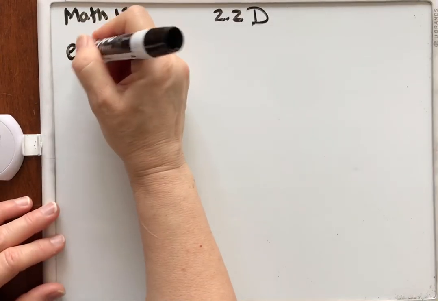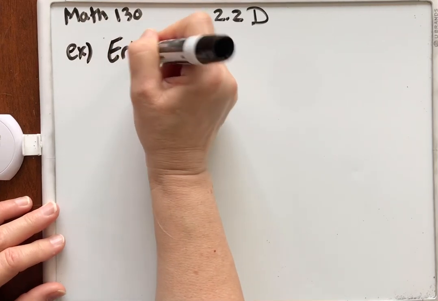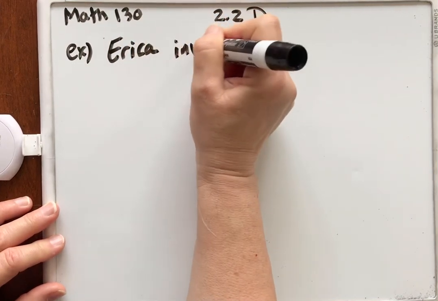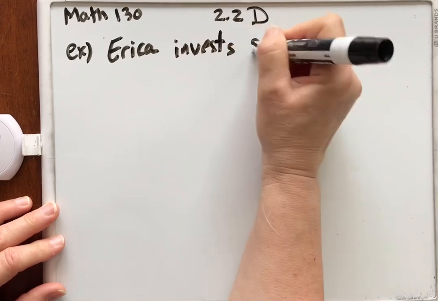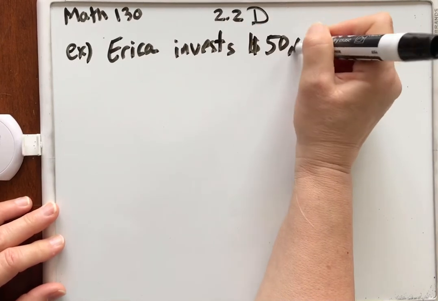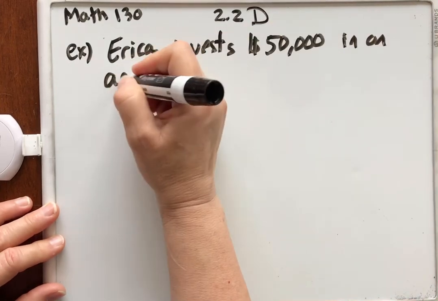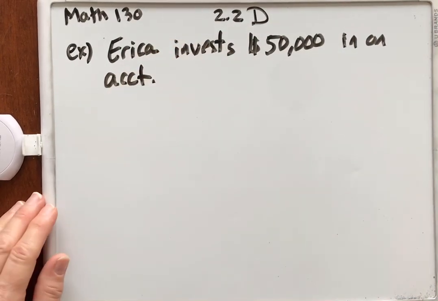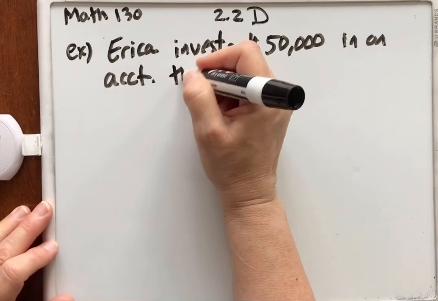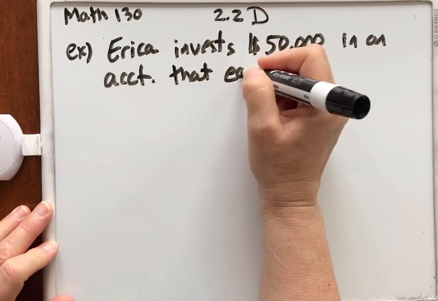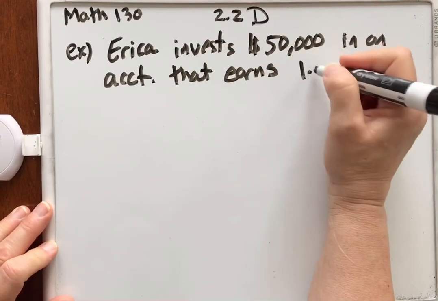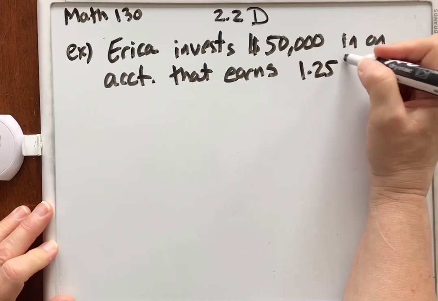Here's the word problem. Erica invests $50,000 in an account that earns 1.25%.